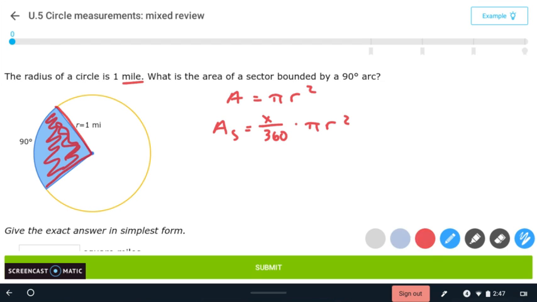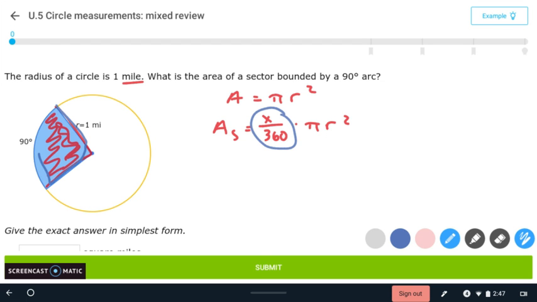So we have to have a fraction in our formula if we have just a fraction of the circle. Then we'll substitute in what we know and solve from there.